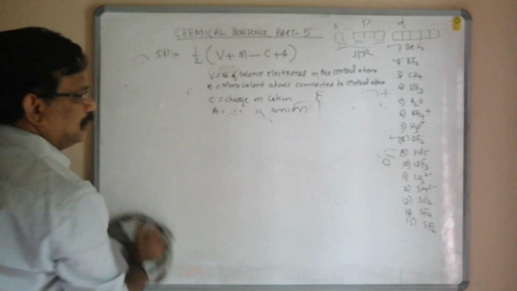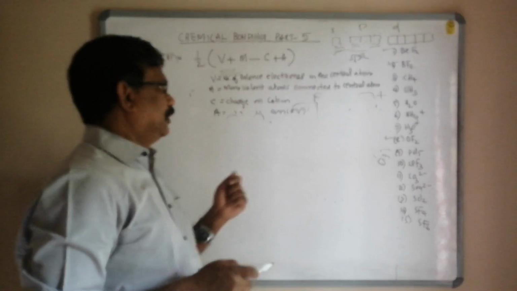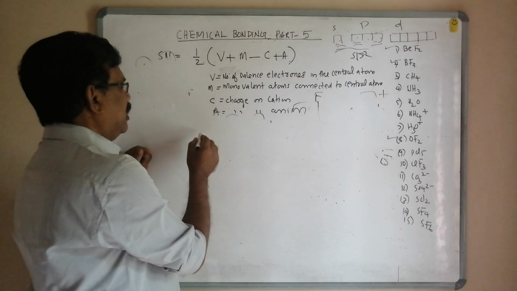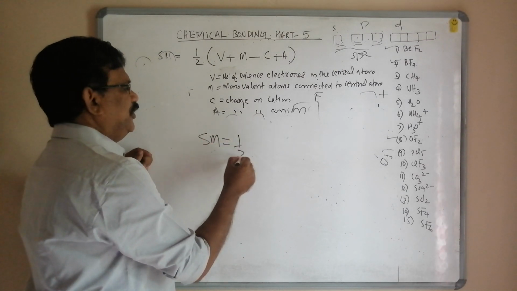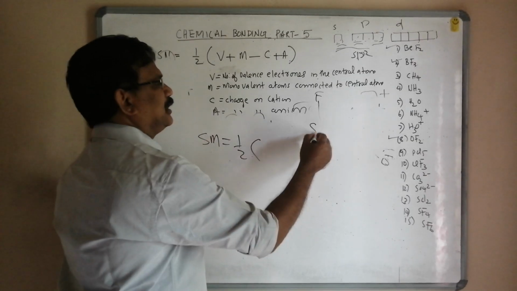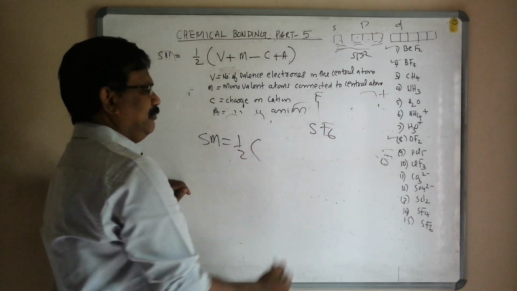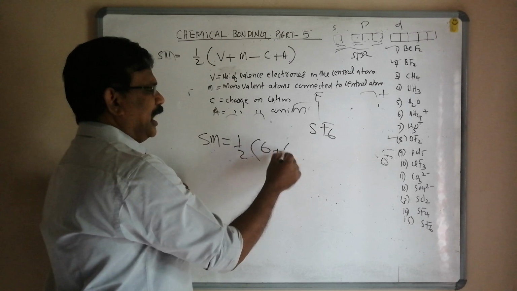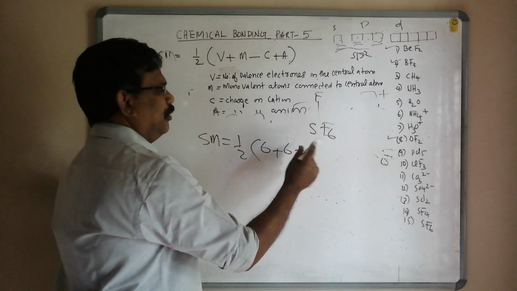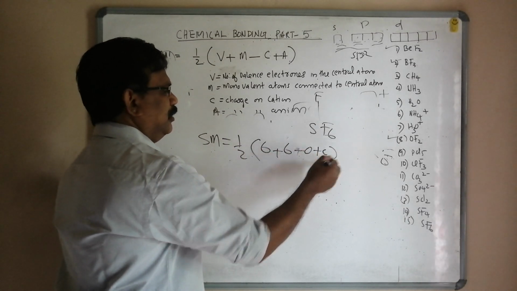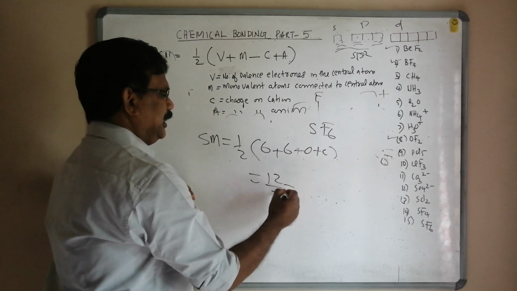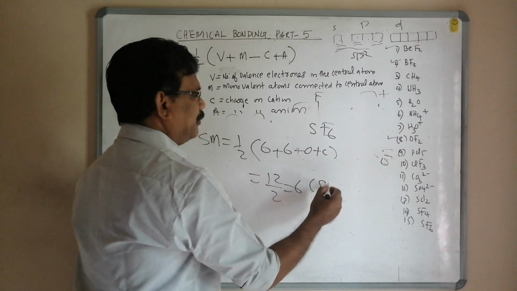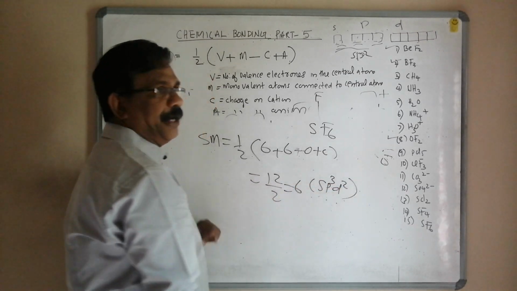SF6. First, in a shortcut way, we can determine the hybridization. Half into SF6: sulfur, the central atom, has 6 valence electrons, monovalent atoms 6, plus 0 minus 0 plus 0, 12 divided by 2 is equal to 6. 6 means sp3d2 hybridization.